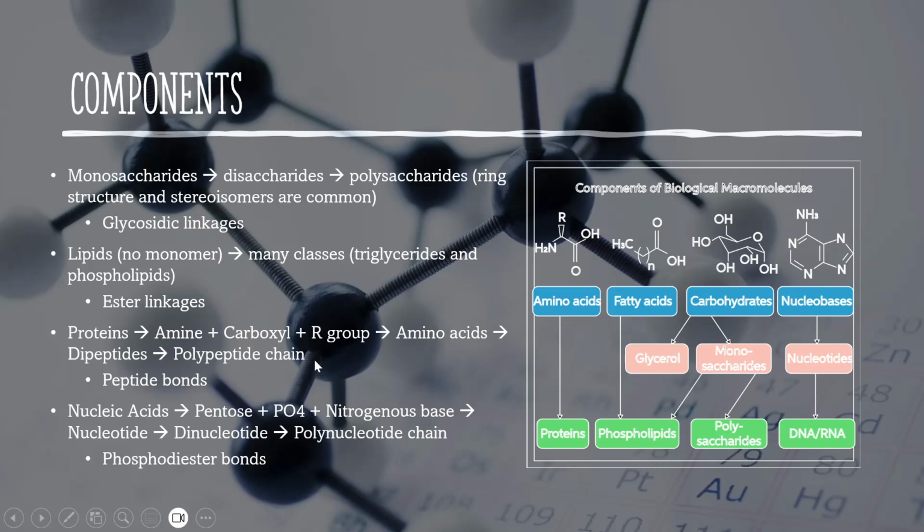For RNA, it's uracil. You have U, A, G, and C. And then for DNA, it's T, A, G, C. And those are held together by phosphodiester linkages. It's not just one bond, but I'll show you a picture later of that.